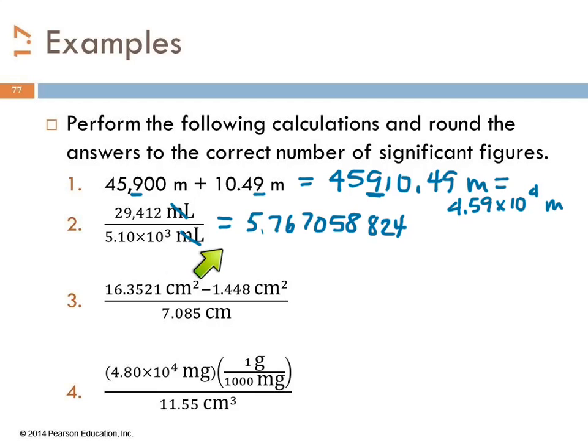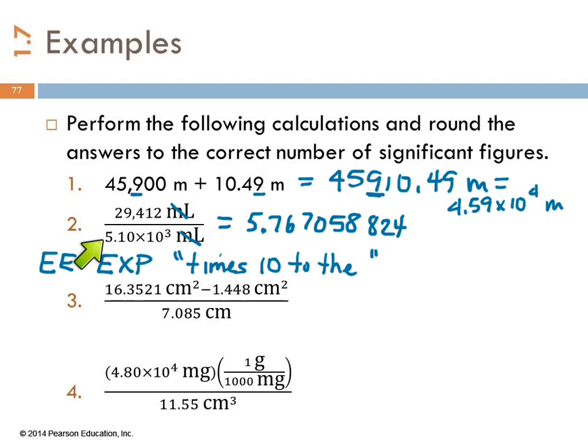Now, if you did not get this number, you're probably not communicating well with your calculator. When we enter a number in scientific notation in our calculator, we want to use the EE button, or some calculators have an EXP button. And both of those buttons stand for times 10 to the.